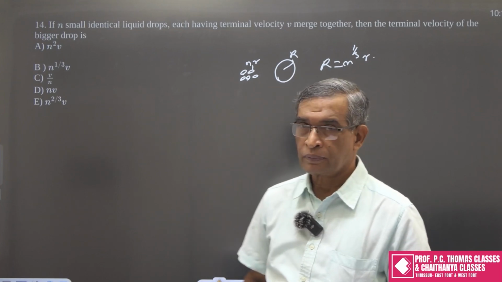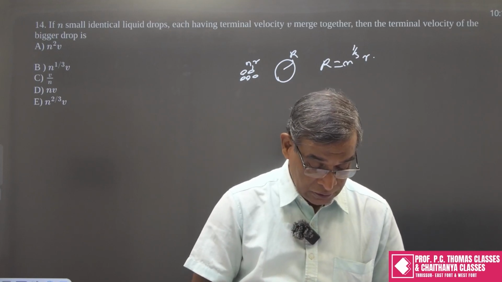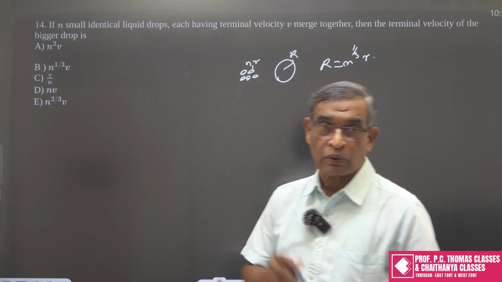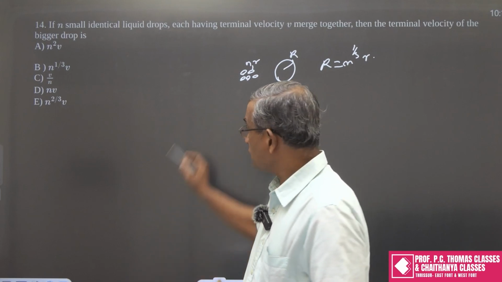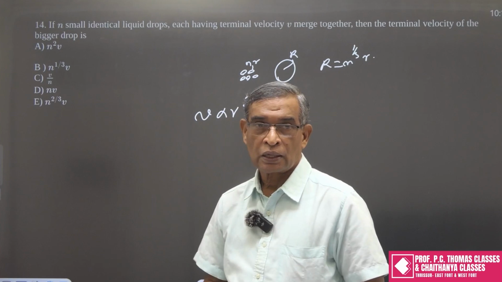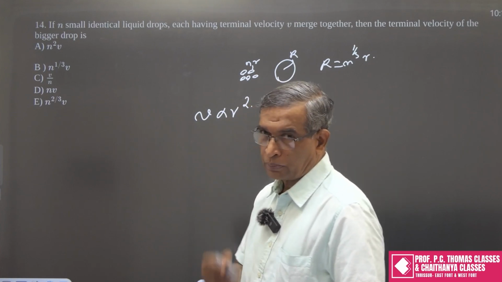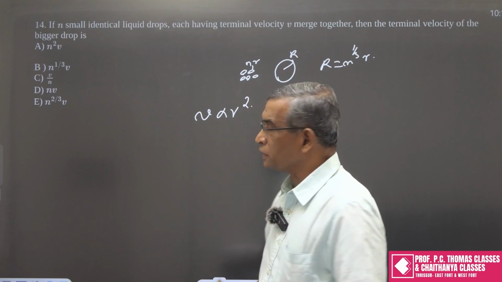Next, the question is about terminal velocity. We did this earlier: terminal velocity is proportional to the square of the radius, 2 by 9 r squared, a formula you already wrote down. This relation is known to us.